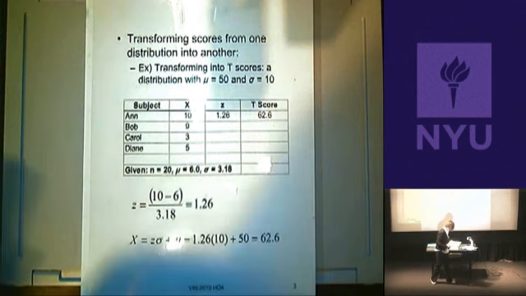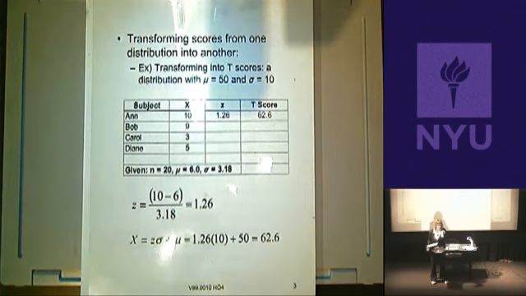Now, another thing we can do is transform scores from one distribution into another. Even though I can take my scores and put them into z-scores, sometimes I don't want them in z-scores. One reason is they don't like giving people scores in negative numbers.